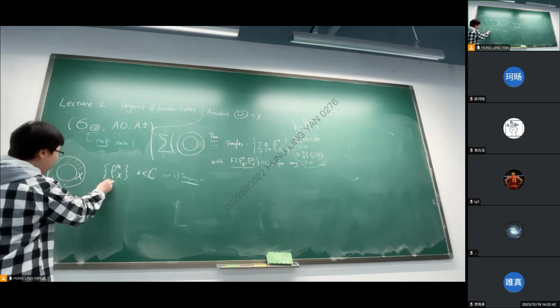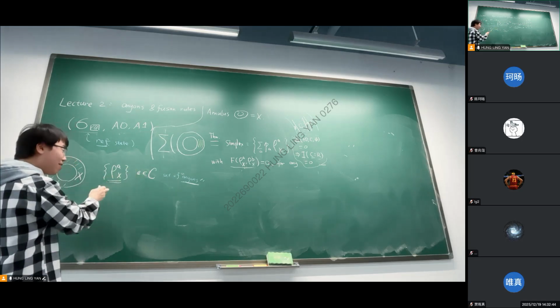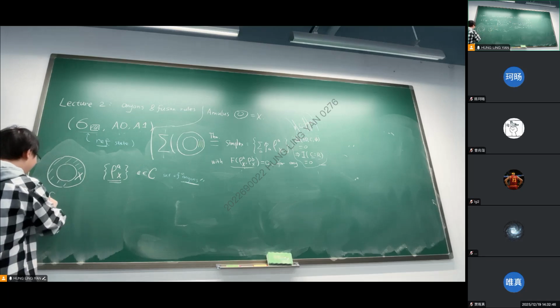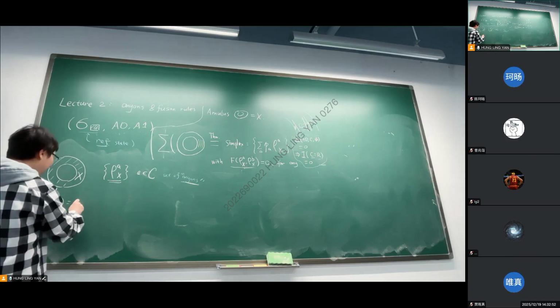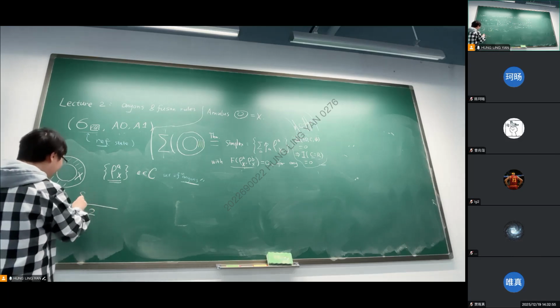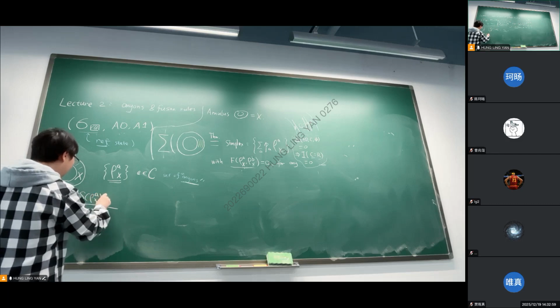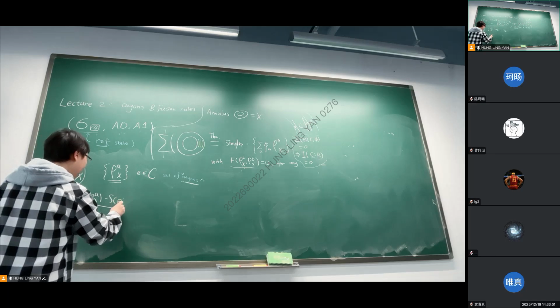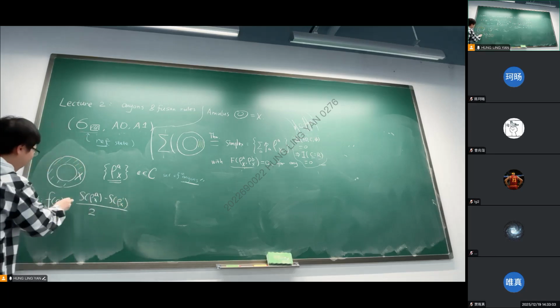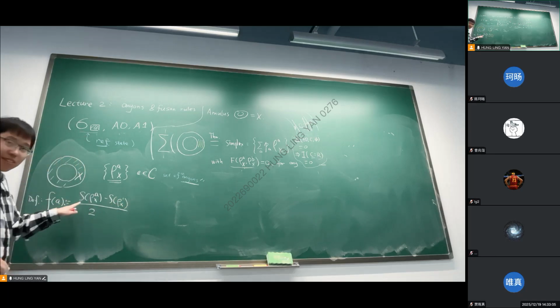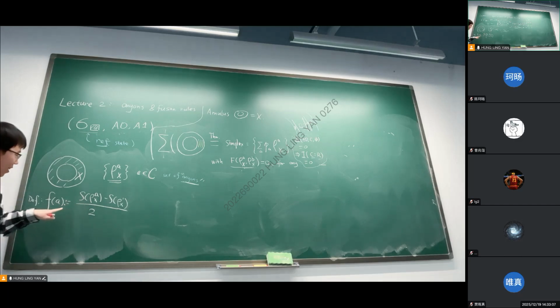But for now, suppose we have this set of extreme points, and let's define the entropy difference divided by 2. A minus 1. So we can define f of A to be the entropy difference divided by 2.